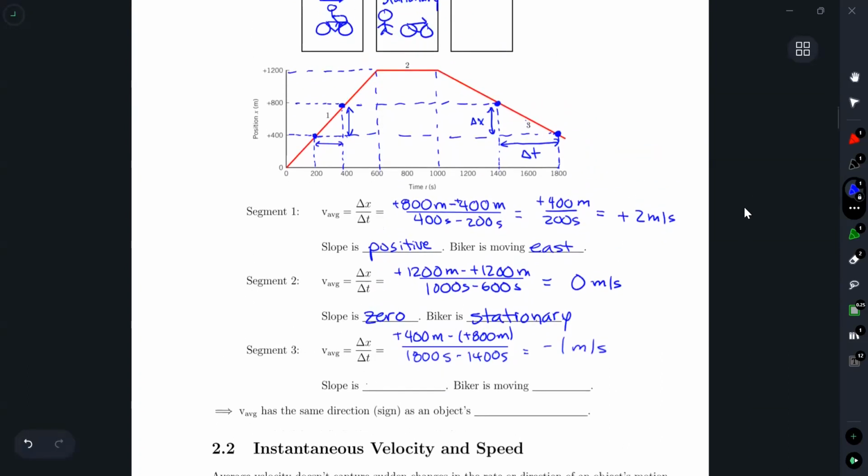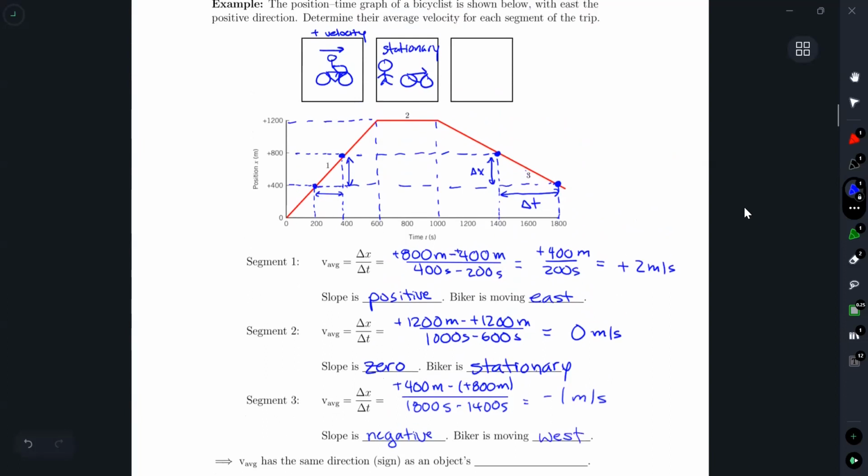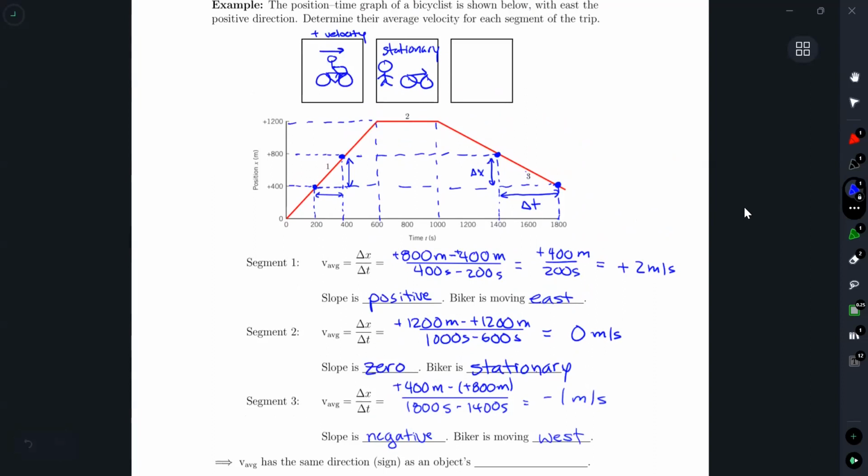So our slope is negative. What's that say about how he's moving? He's going backwards. Yeah, so in this case, west. He's returning from wherever he came from. But is he doing it faster or slower than he got to where he is now?